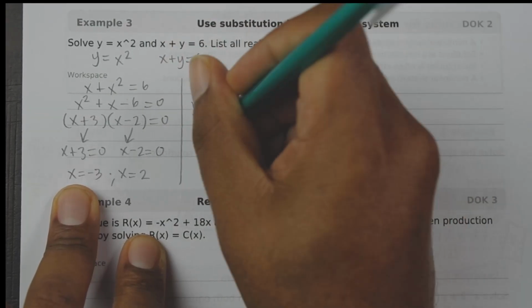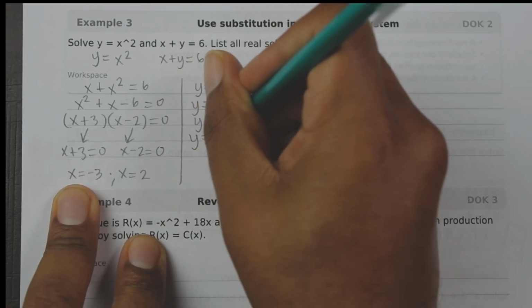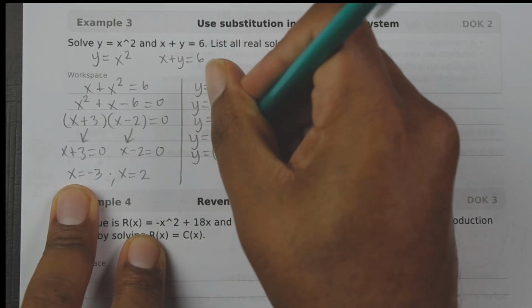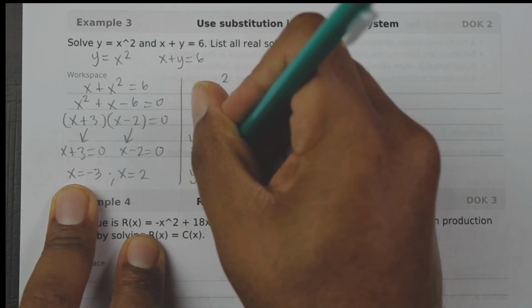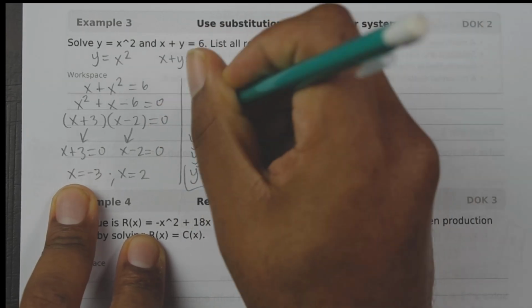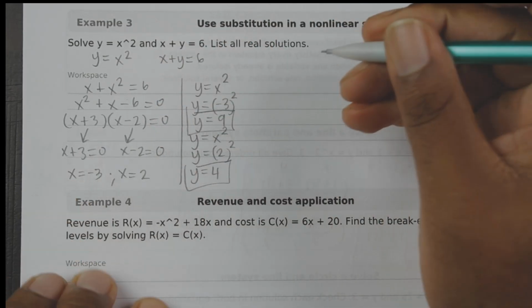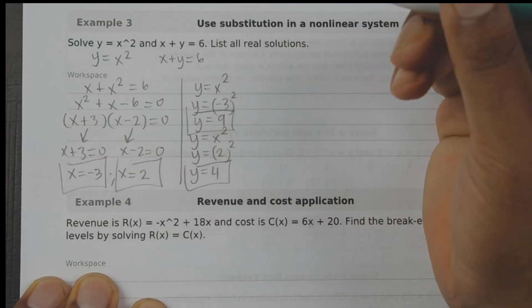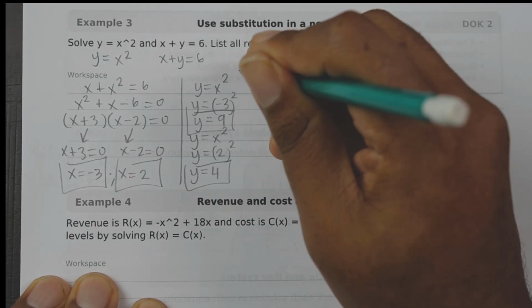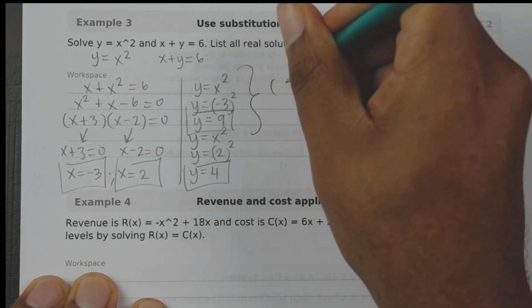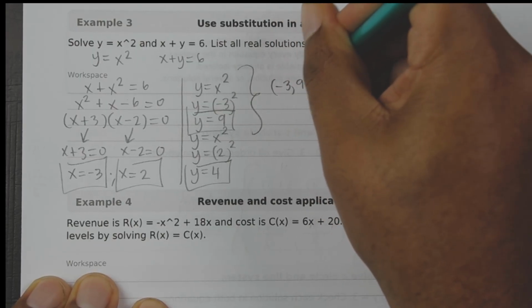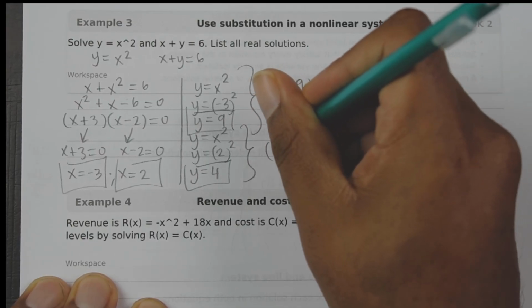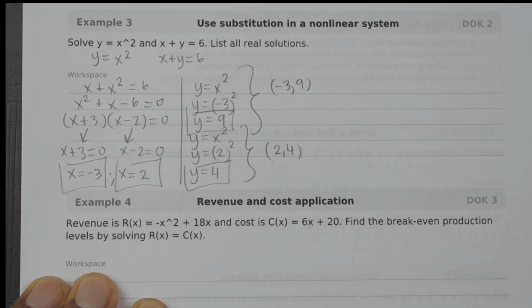And then we do the same thing for the other one. y equals x squared, y equals 2 squared, y equals 4. So as you can see, we have our corresponding x's and y's. The solution here would be -3, 9, and the solution here would be 2, 4.